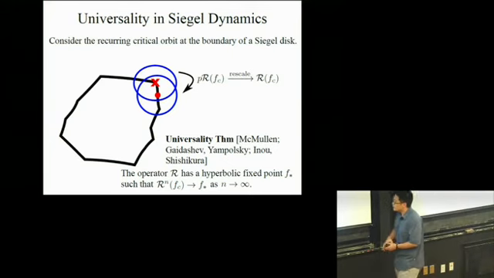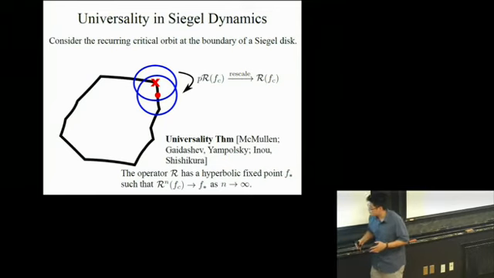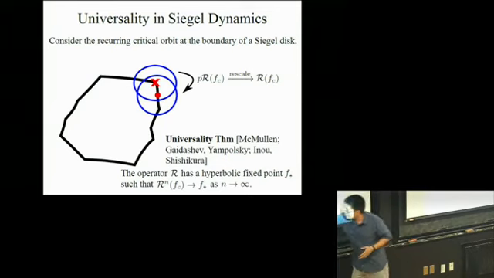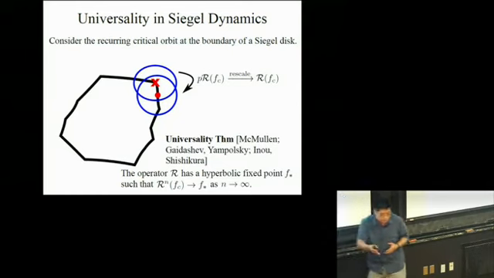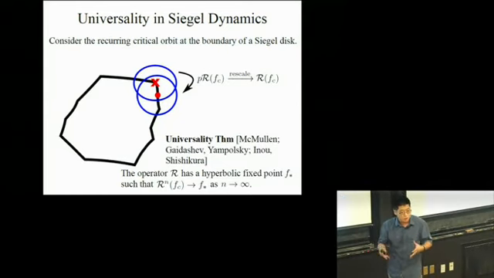And sort of the key word here is the universality, right? So it's this fact that renormalization converges to some fixed point doesn't only hold true for a Siegel quadratic polynomial. It doesn't really matter in what context the Siegel disk is in.